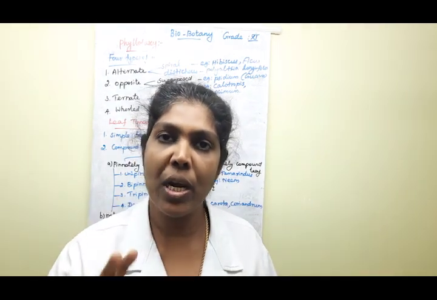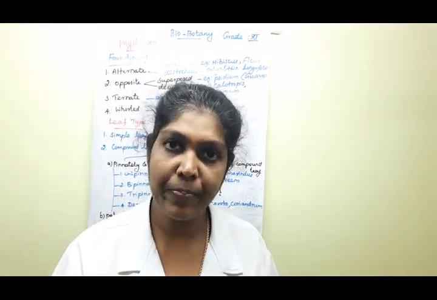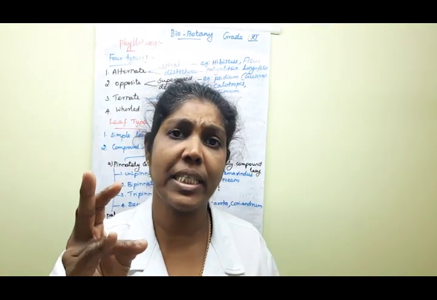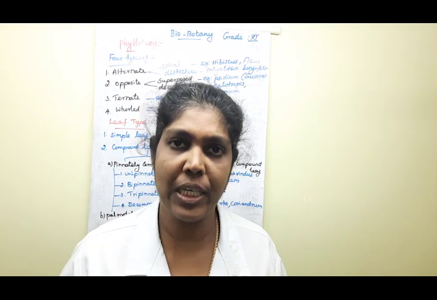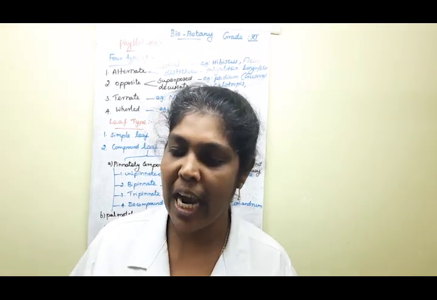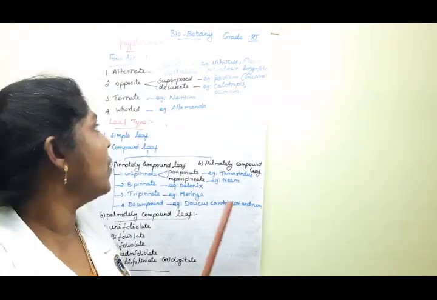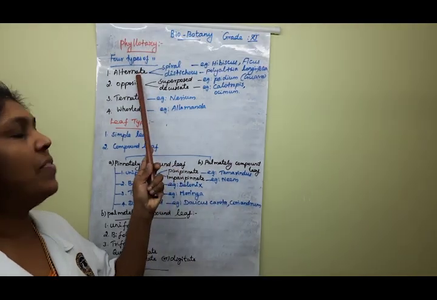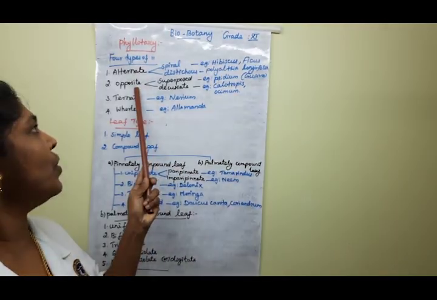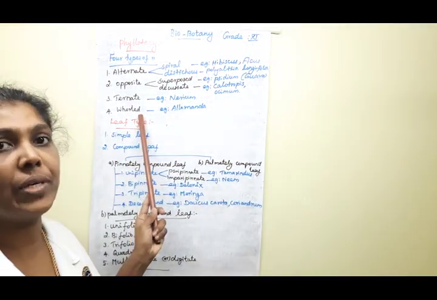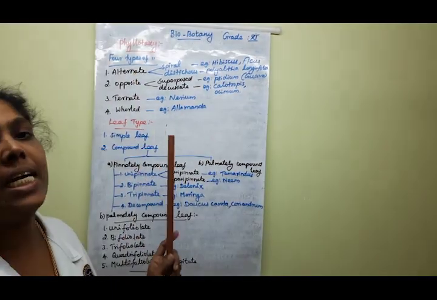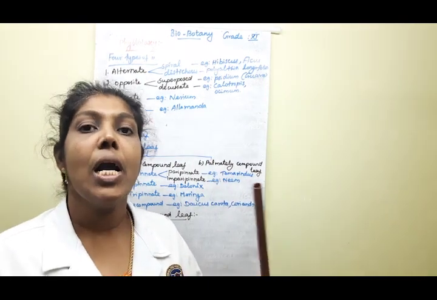First one, alternate phyllotaxy, opposite phyllotaxy, whorled phyllotaxy and ternate phyllotaxy. Clear children? What are the 4 major types of phyllotaxy? Very good. Alternate phyllotaxy, opposite phyllotaxy, ternate phyllotaxy and whorled phyllotaxy. Clear? So let us learn them one by one.